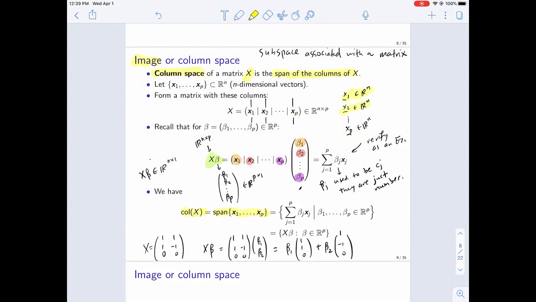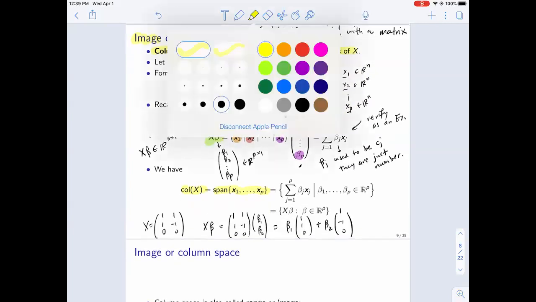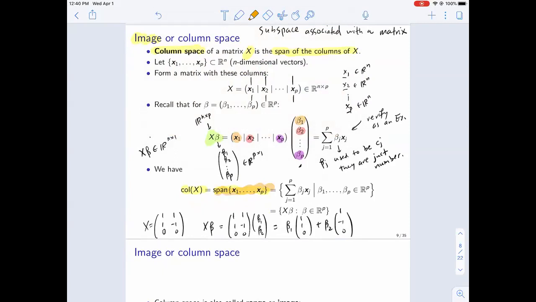We can form the span of this set of vectors, which is the set of linear combinations of them, where the coefficients are in Rp. The new thing is that we give this a name: the column space of X, or the image of X. So the image of X, or the column space of X, is the span of the columns of X.